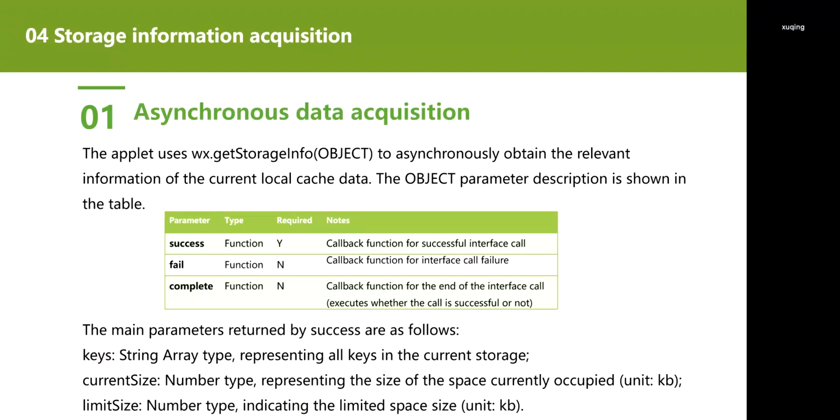You see here we say that the main parameters returned by success parameter are keys, current size, and limit size. Keys are string array type. They represent all keys in the current storage. Current size is the number type.